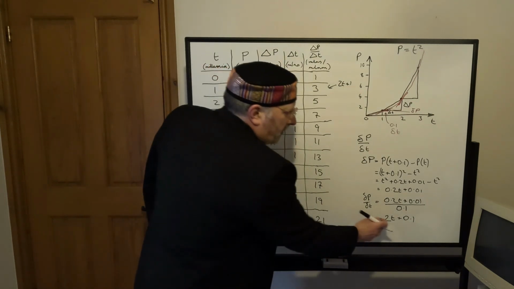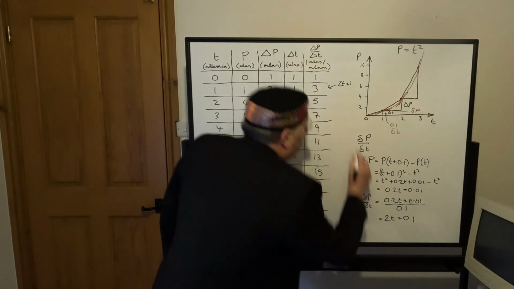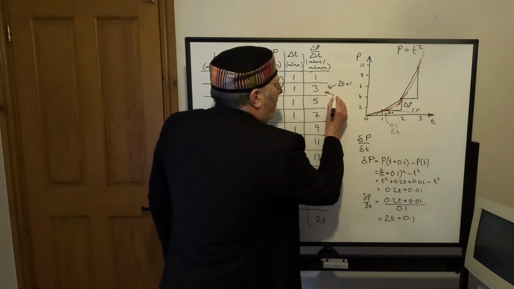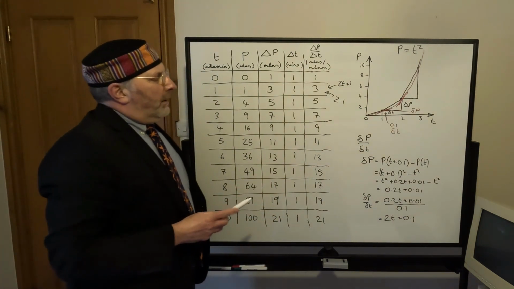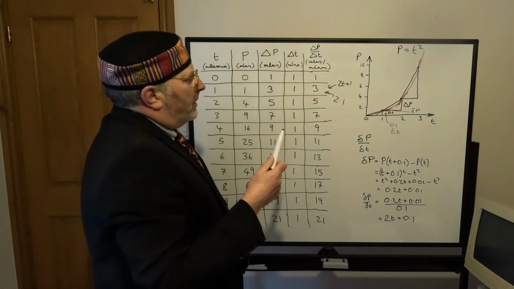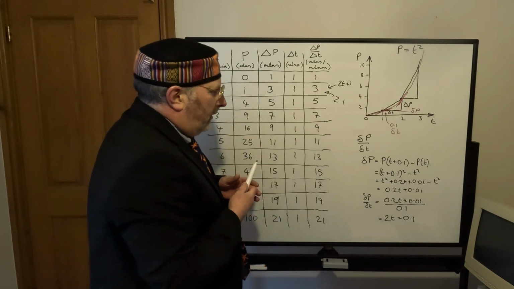But we now know that a more accurate figure would be actually 2.1. And so this is a better estimate, but it's not the best estimate we could get.